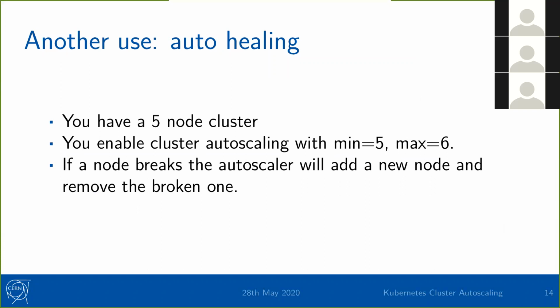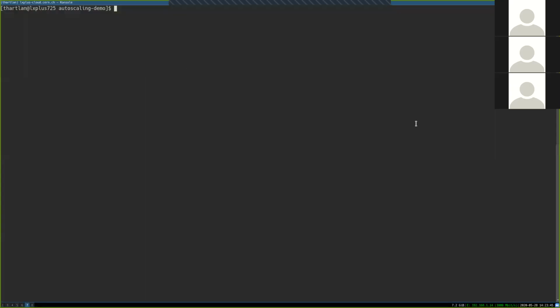If you enable the cluster autoscaler with a minimum of 5 nodes and a maximum of 6, then if one node breaks or becomes unhealthy, the pods will be removed from that node and go into a pending state, and then the cluster autoscaler will activate, add a new node, and then remove the unhealthy one. And I have an example for this as well, which is here.